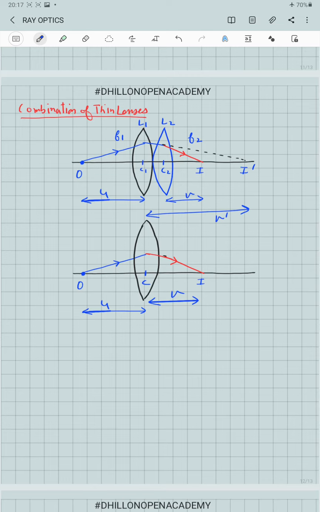In this case, we can replace the two lenses L1 and L2 with a single lens, with the condition that if in front of this lens L, the object is placed at the same distance u from its optical center, and the image is formed at the same point I at the same distance v on the other side of the lens, then the focal length of this single lens L will be the same as the focal length of the combination of the two lenses L1 and L2.